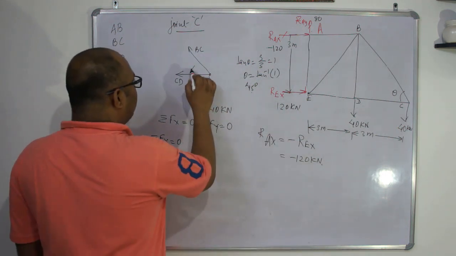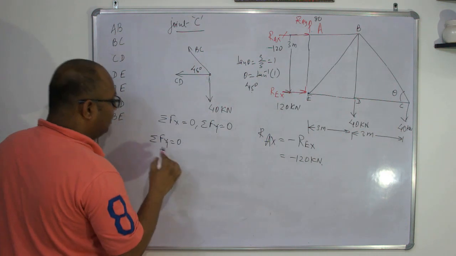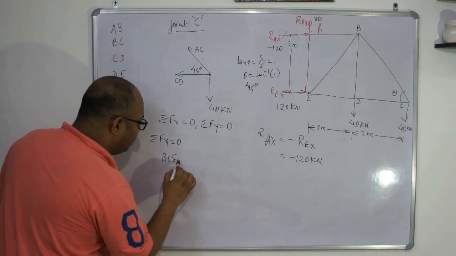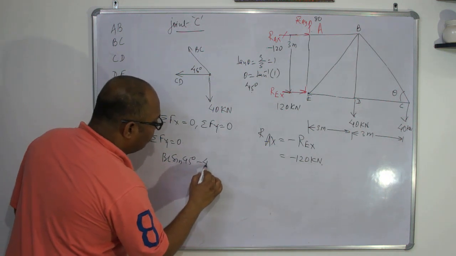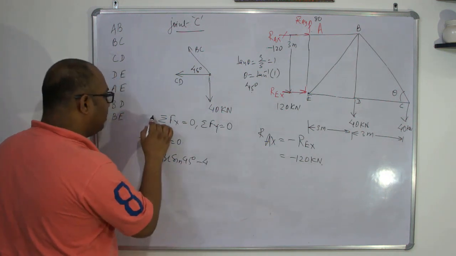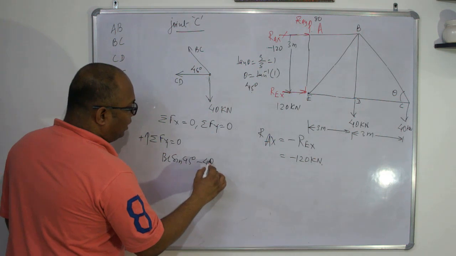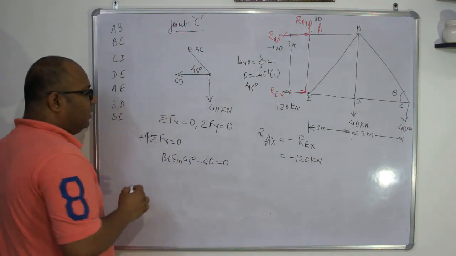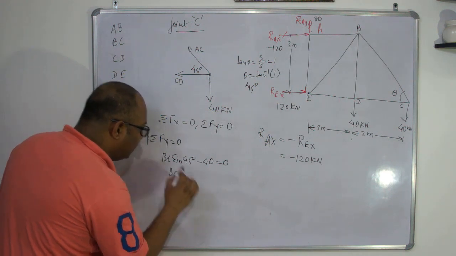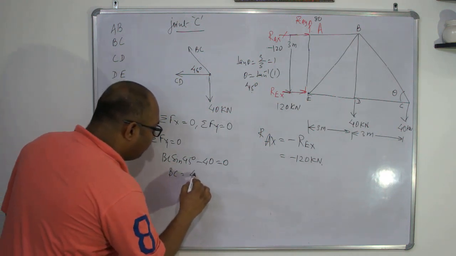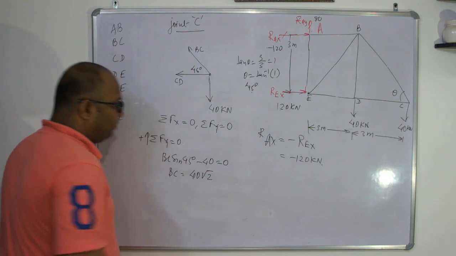So summation Fy equals to 0. BC sin 45 degree minus 40. I am taking upward direction as positive. Minus 40 equals to 0. Sin 45 will be 1 upon root 2. So from here you can say BC equals to how much? 40 root 2.